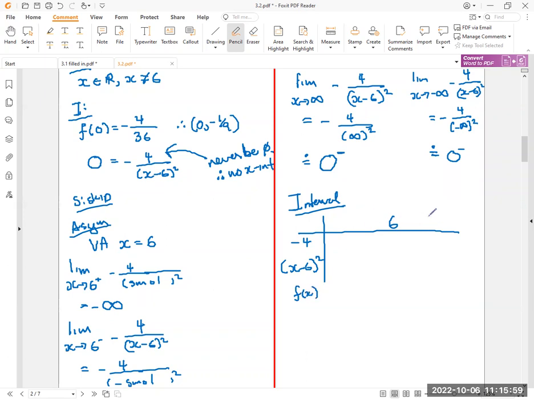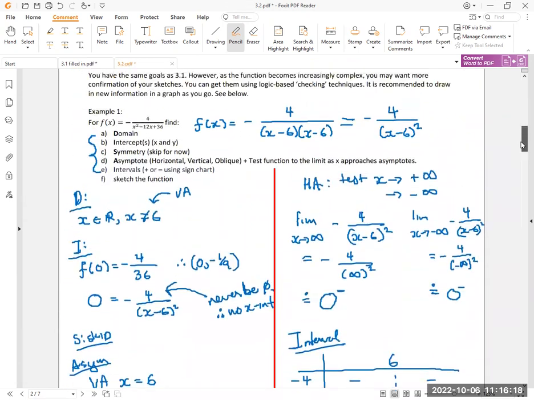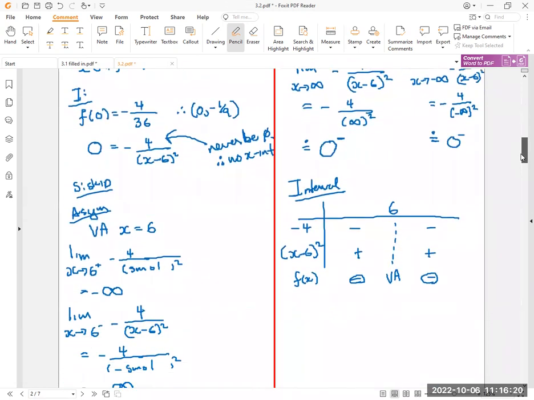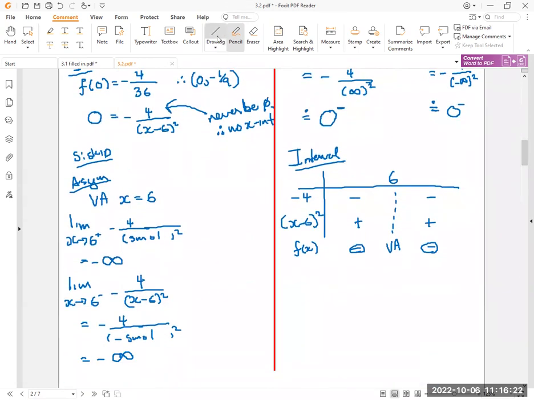No matter what x is, what is negative 4 going to be? Negative. Bam, bam. No matter what x is, what is a square going to be? Positive. Bam, bam. So these are all the clues I'm going to add in to my graph. Here we go.